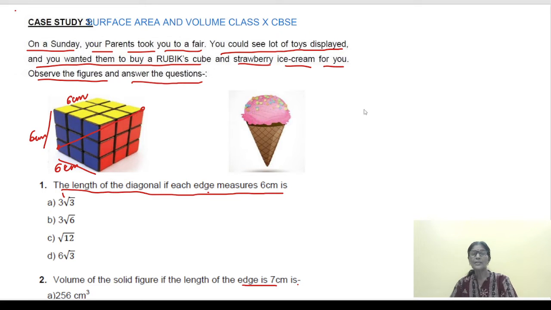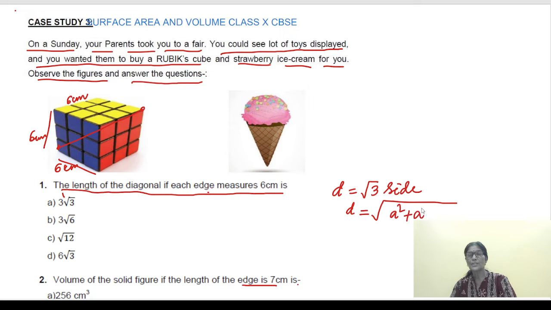So the diagonal formula for your cube is diagonal is equal to root 3 times side. If you remember this basic formula, you can find the diagonal. Or if you want the formula, it will be a square plus a square plus a square, that will be 3 times a square. Square root is root 3 into side.